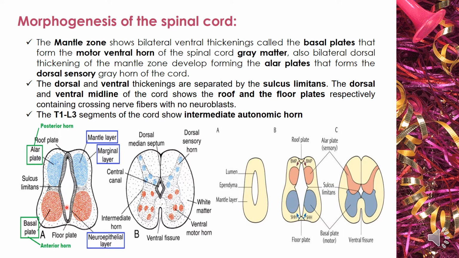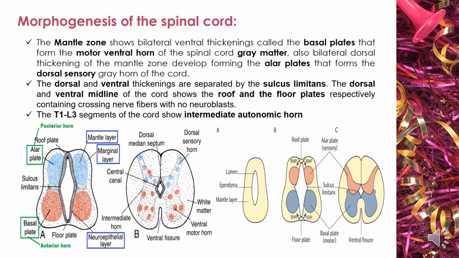The bilateral ventral thickening is the basal plate, forming the ventral motor horn, gray matter of the spinal cord, while the bilateral dorsal thickening of the mantle zone forms the alar plate, forming the dorsal sensory horn, gray matter of the cord.